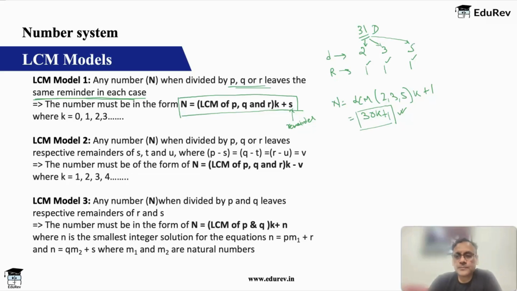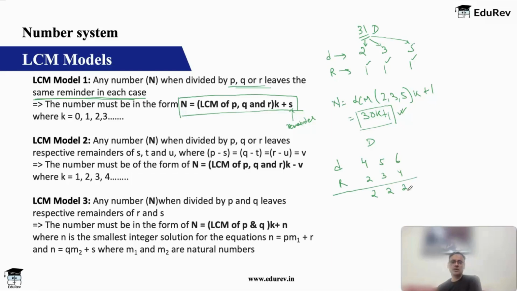For example, let's say my divisors are 4, 5 and 6. My remainders are 2, 3 and 4. And there's a dividend which I do not know. Now if you see, my remainders are not same, but divisor minus remainder is how much? 4 minus 2 is 2, 5 minus 3 is 2, 6 minus 4 is 2. So there the difference is constant.